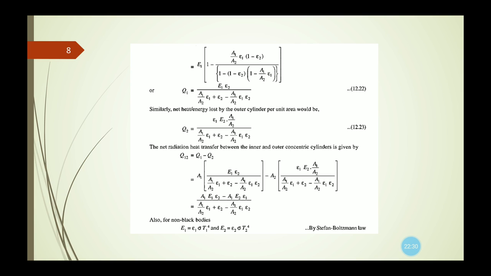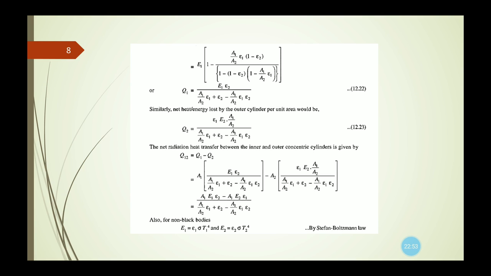So this is actually the heat loss by the inner cylinder per unit area. In a similar manner, we can also formulate the equation for heat lost or energy lost by the outer cylinder per unit area, and this can be represented by equation number 12.23.